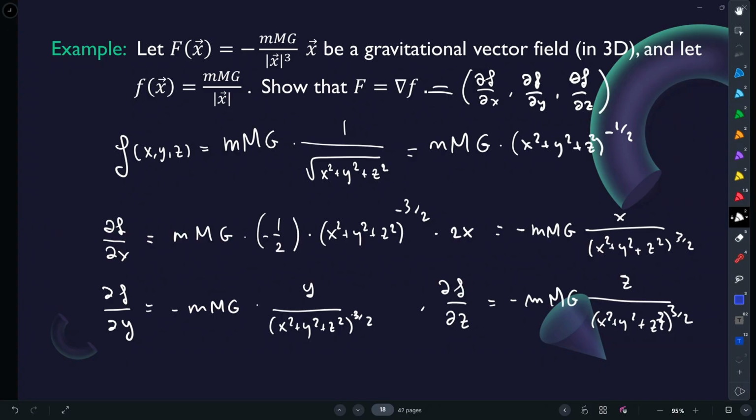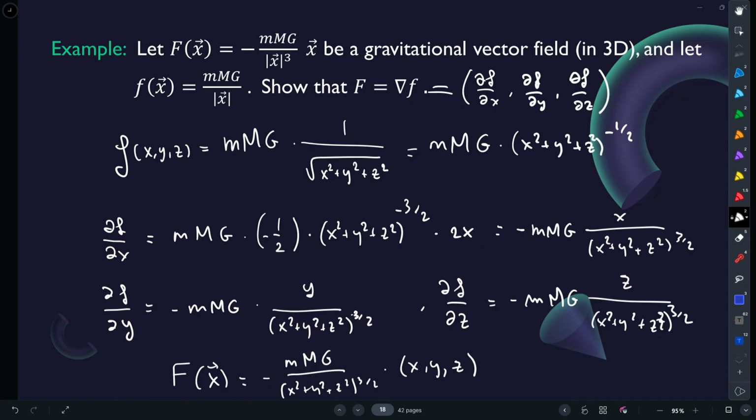But what was the force field itself? It's up there. The force field itself was minus mg divided by x squared plus y squared plus z squared to the 3/2 times x, y, z.